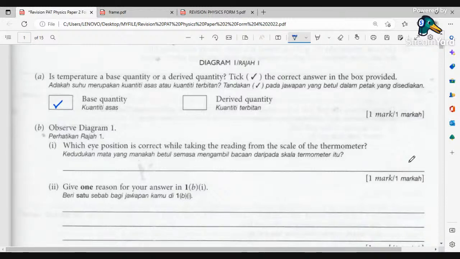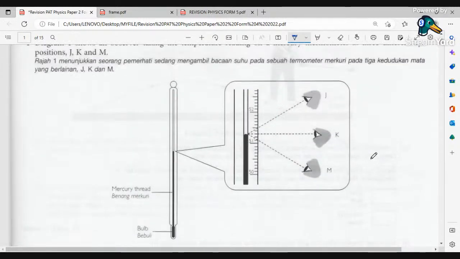B. Observe Diagram 1. Which eye position is correct while taking the reading from the scale of the thermometer? I think you are familiar with this one, precautions. Normally, precautions are the steps taken to increase accuracy, especially during measurement and experiments.